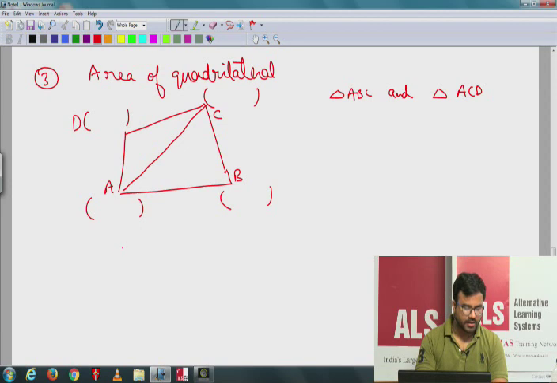So find the area of the quadrilateral whose vertices taken in order are minus 4 comma minus 2, then minus 3 comma minus 5, then 3 comma minus 2, and then 2 comma 3.